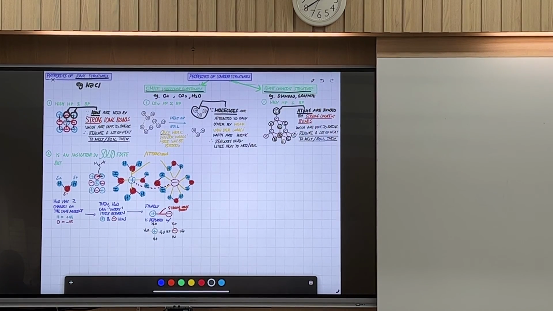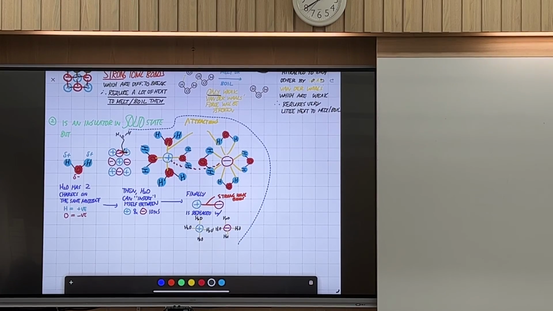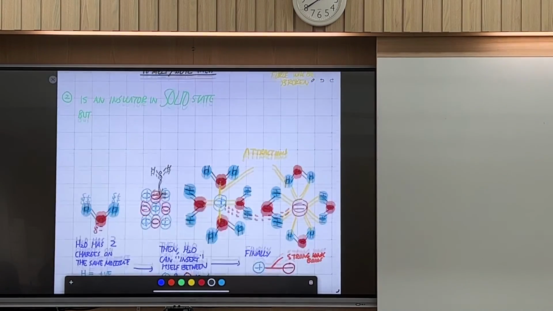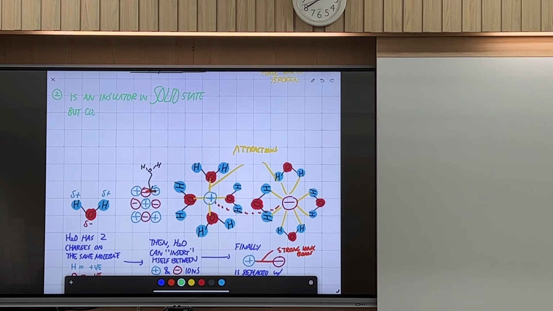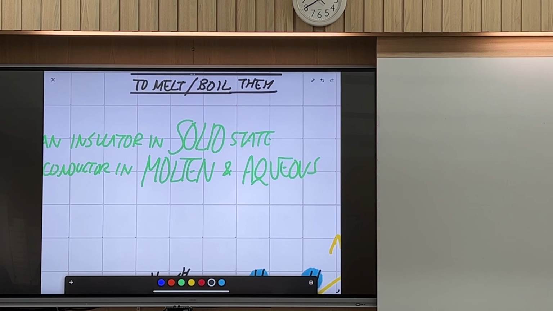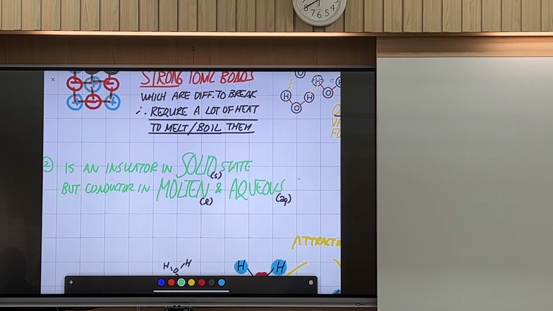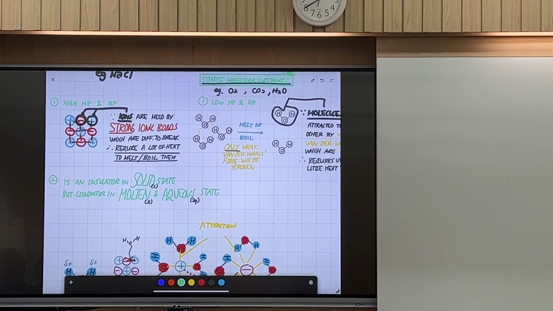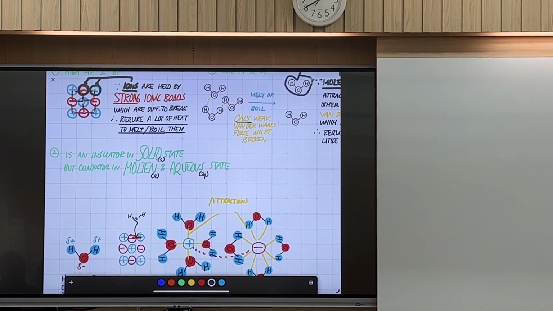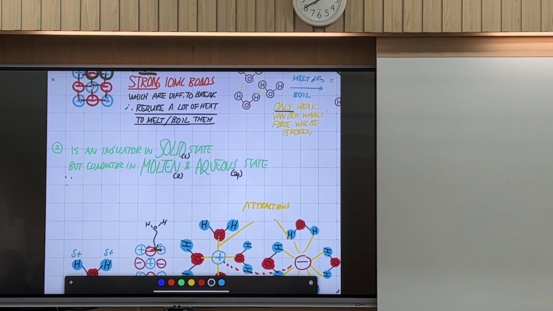So it is an insulator in solid state, but a conductor in what state? In two states, in molten and aqueous. If you don't feel like writing such a long word, just write bracket S for solid, bracket L for molten, bracket AQ for aqueous. Let me finish this. Because in solid state, there were no mobile ions.